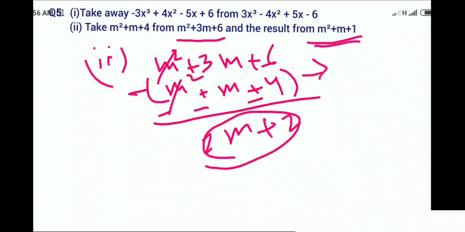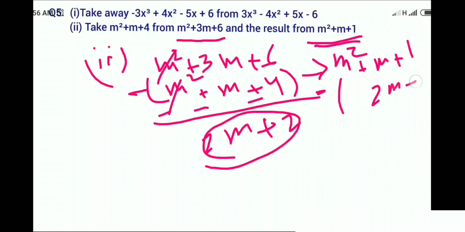Therefore, the next step is m square plus m plus 1 minus 2m plus 2.